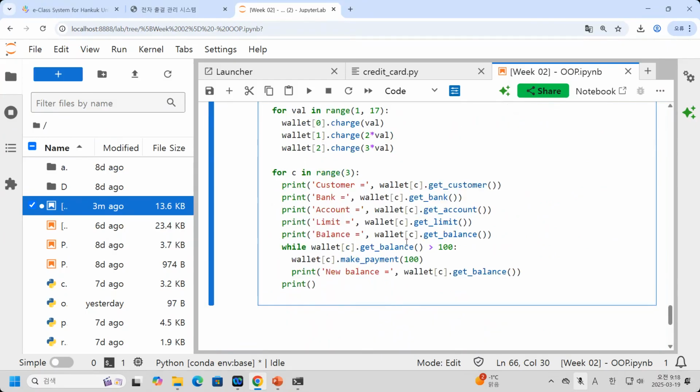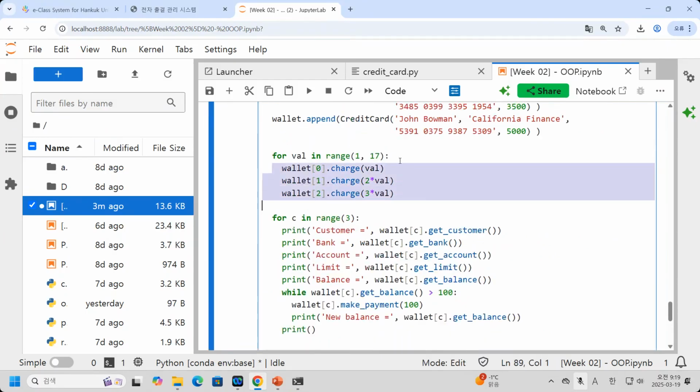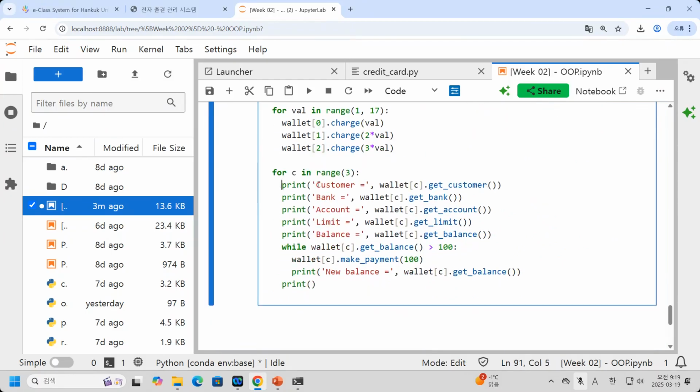If it is accumulated, then we can see later on at the end, we want to print the information. The information, the customer, let's say the credit card C. So C means that is a number. C in range 3. You still remember in the for loop?